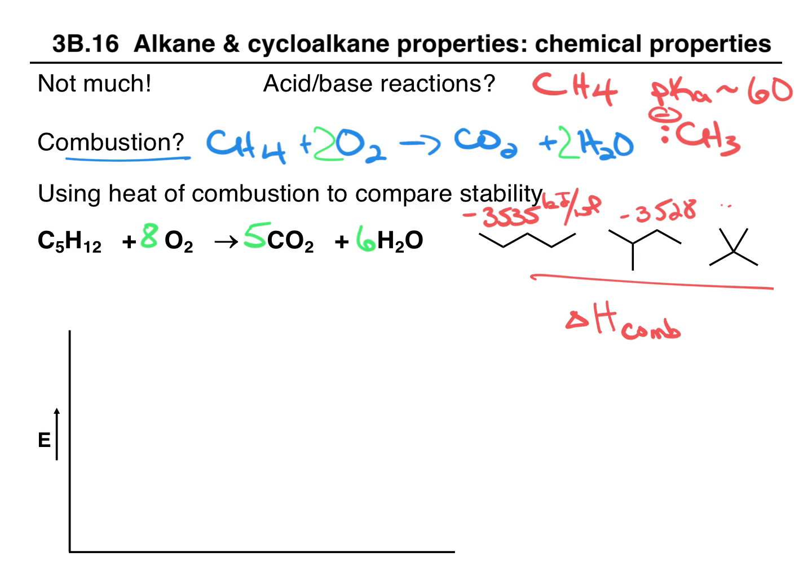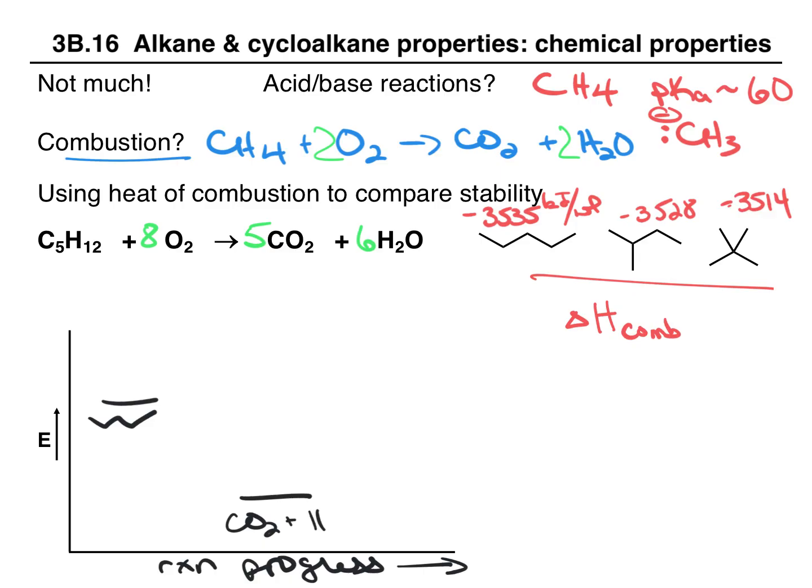2,2-dimethylpropane is negative 3514. Now, if we were to put this on an energy diagram, so here's energy increasing in this direction, and this axis would be the reaction progress. So if this represents the energy of pentane, then maybe this represents the CO2 plus water.